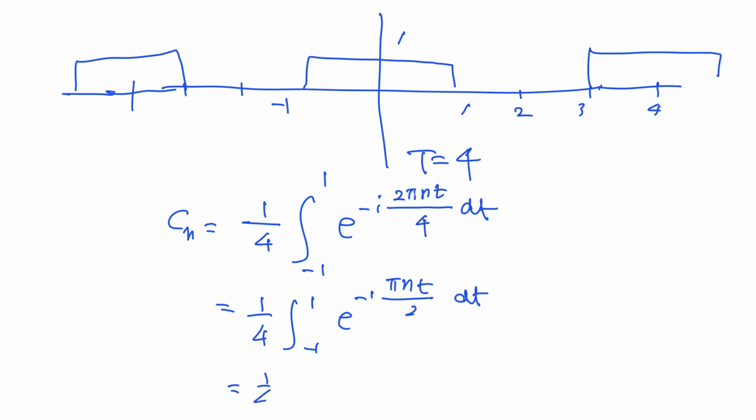So 1 over 4, times minus 4 over 2 pi i n, exponential minus i pi n t over 2, from minus 1 to 1.